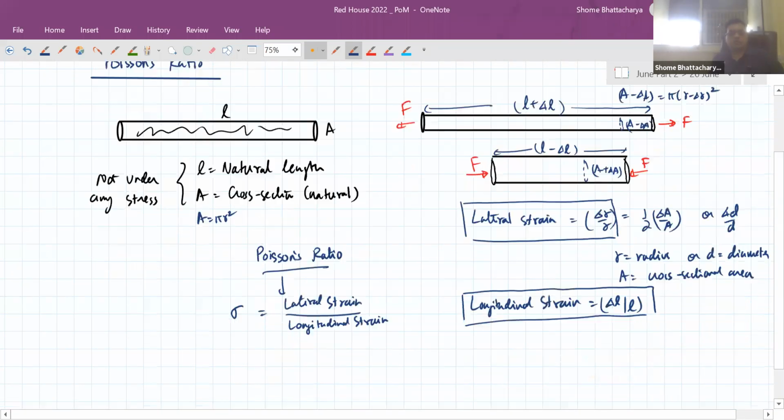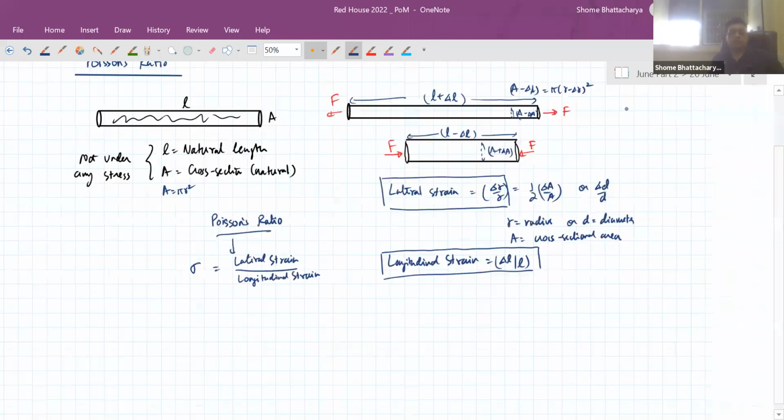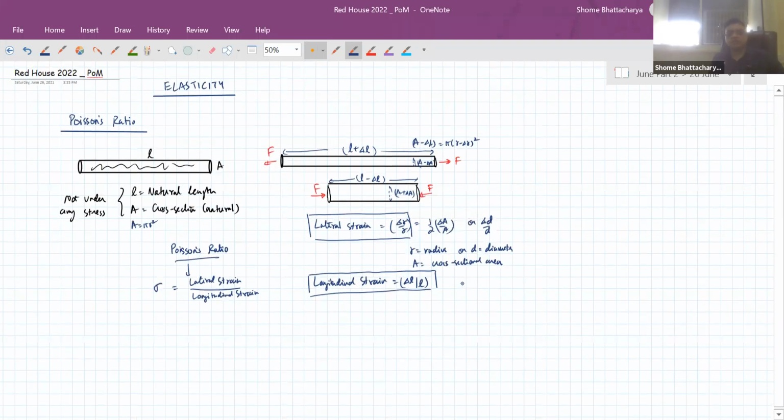But also here when we define lateral strain and longitudinal strain in these formulae, the strains are defined with algebraic sign.